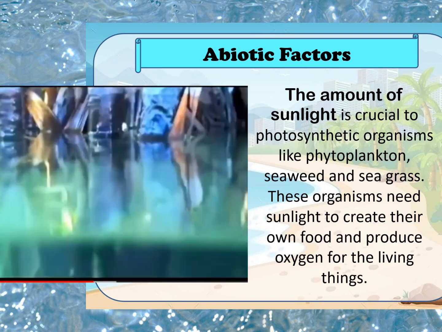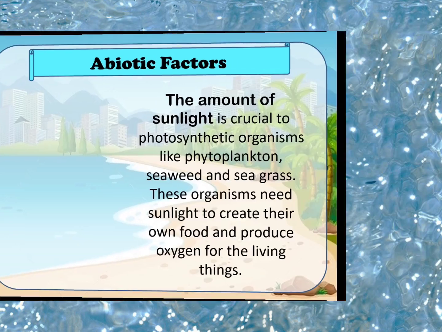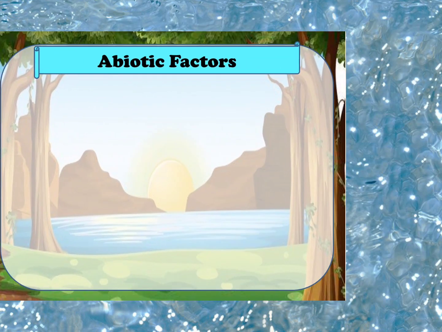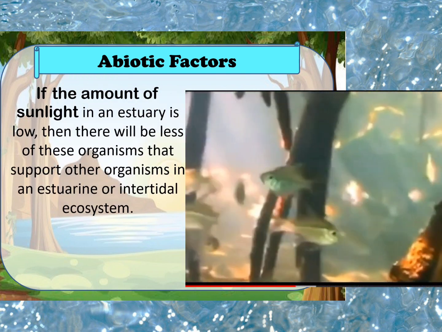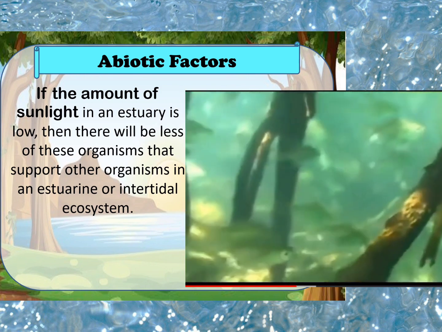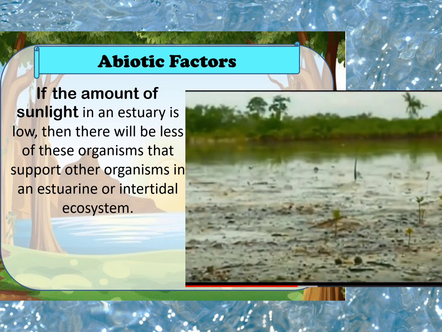These organisms need sunlight to create their own food and produce oxygen for the living things. If the amount of sunlight in an estuary is low, then there will be less of these organisms that support other organisms in an estuarine or intertidal ecosystem.